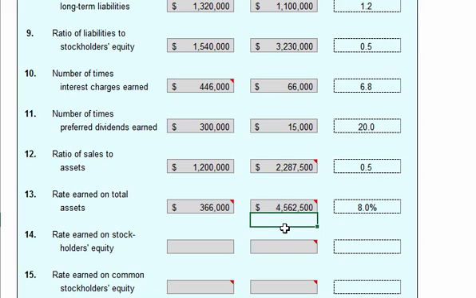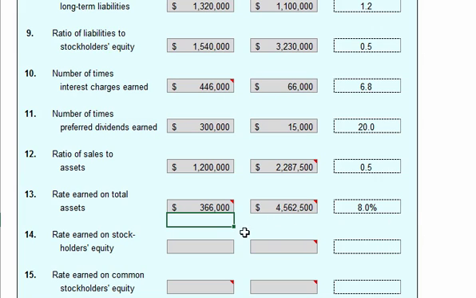And we get $4,562,500 as average total assets. Remember, this one was average total assets with long-term investments backed out. And notice they show that one as a percentage. Anytime it says rate earned, we're going to show those as a percentage. And of course, we'd like that to go up to 9. So 9% would be better than 7.